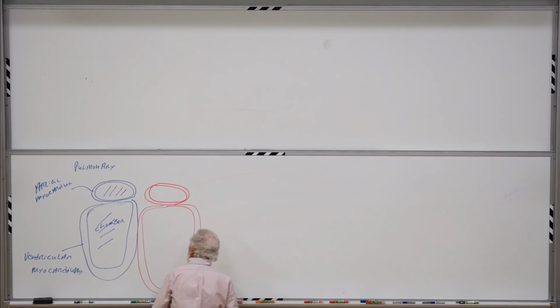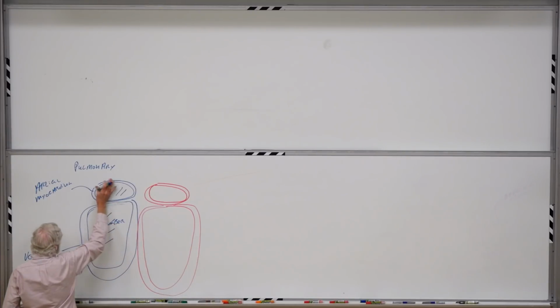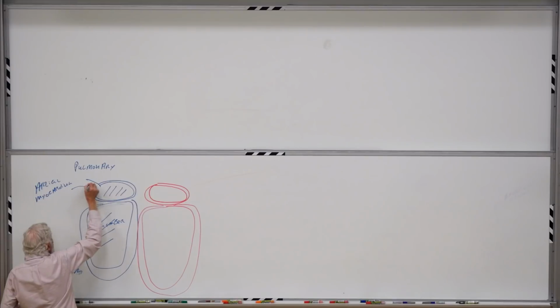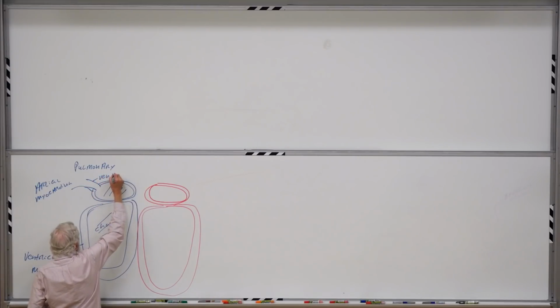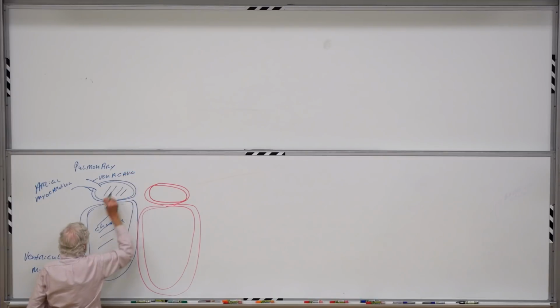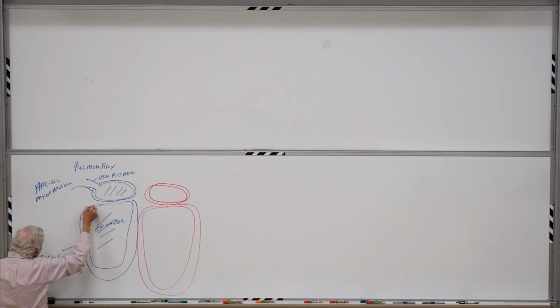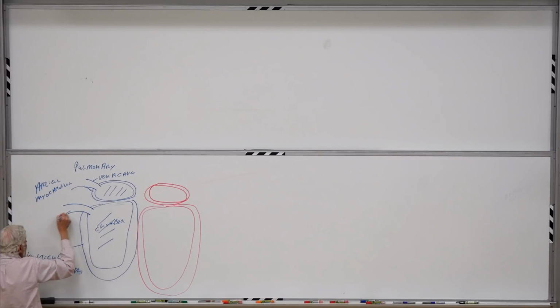If we put the inputs and outputs, up here is the vena cava. Coming out of the right ventricular chamber is the pulmonary artery.